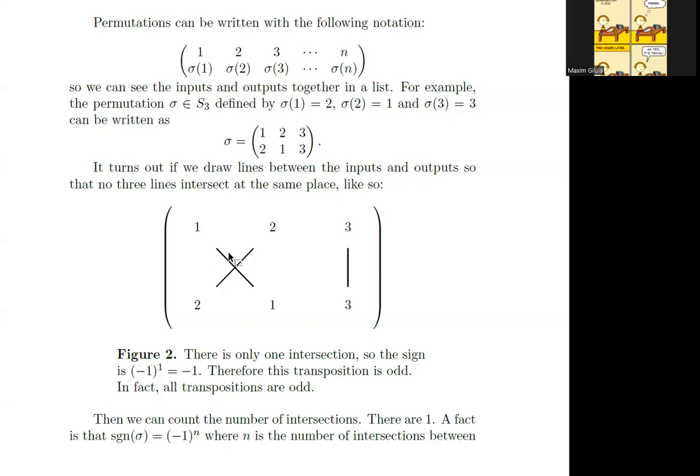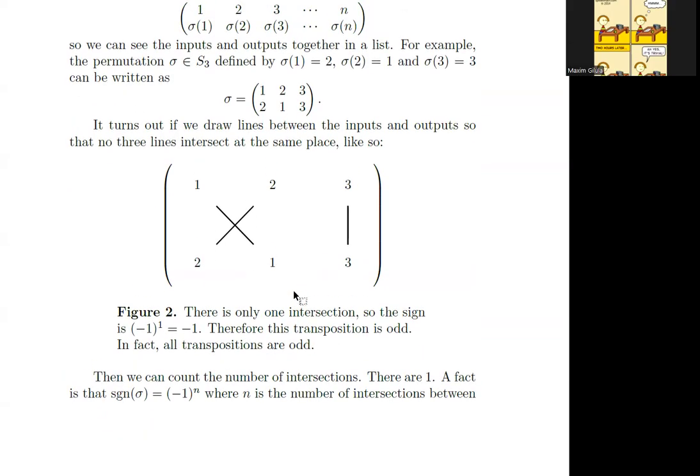So 1 went to 2, 2 went to 1, and 3 went to 3. Then there's one intersection. So the sign is minus 1 to the 1. So the sign of this permutation is minus 1. It's an odd permutation. It's actually called a transposition when it flips two elements.